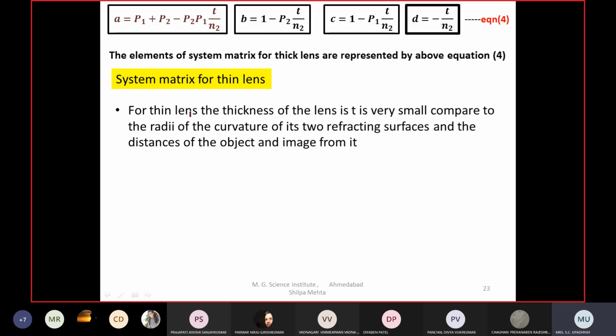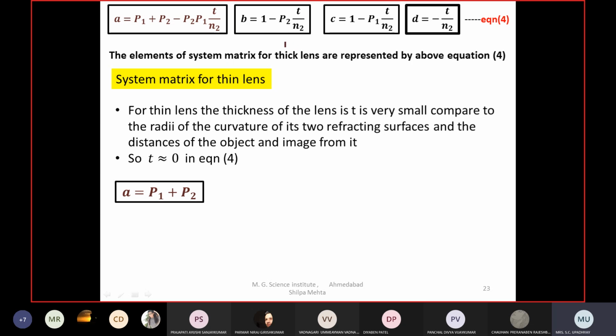So if we consider such a thin lens, and for a thin lens T is very small compared to the radii of curvature of its two refracting surfaces, then we can say that here T is very small and we consider T is nearly equal to 0. So in a thin lens, we consider T equal to 0 in the thick lens equations. So now our A is equal to P1 plus P2. So T equal to 0.